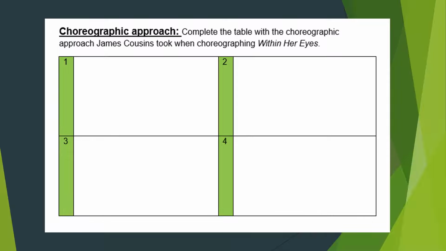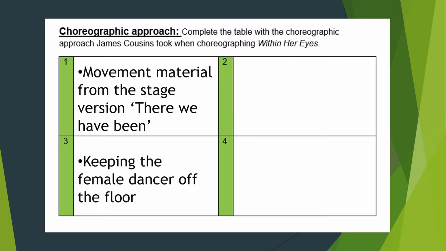Lastly, we have the choreographic approach, which we know is how James Cousins came to actually put the movement together, how he actually choreographed. Like I just explained about There We Have Been, he has taken some of the movements from the original stage production.